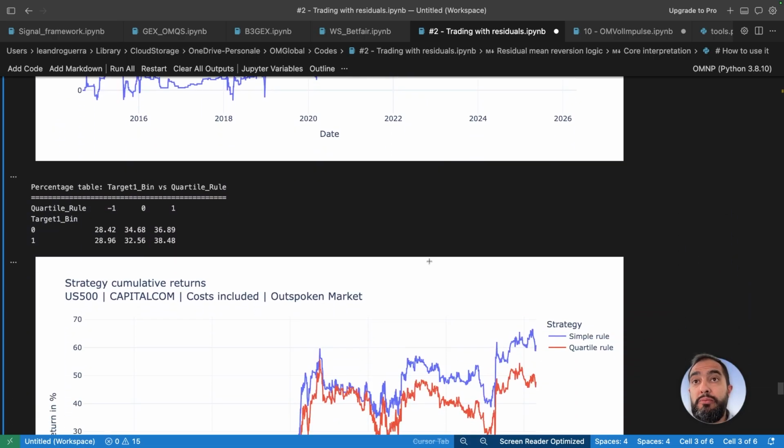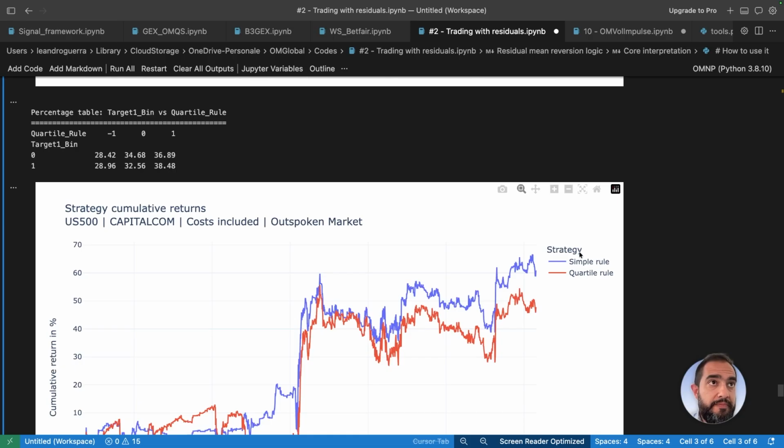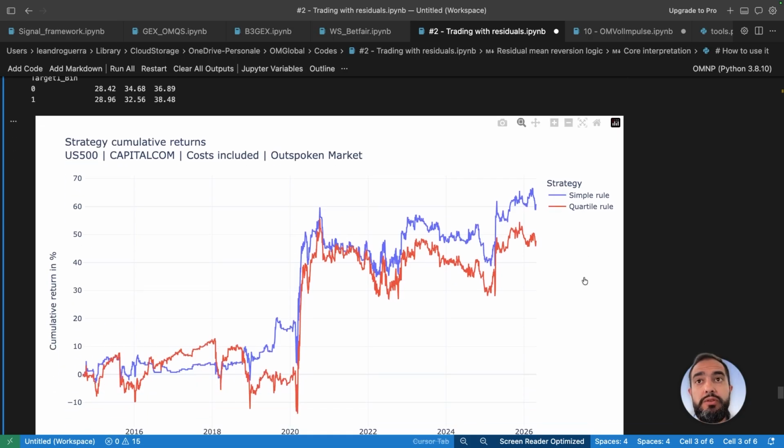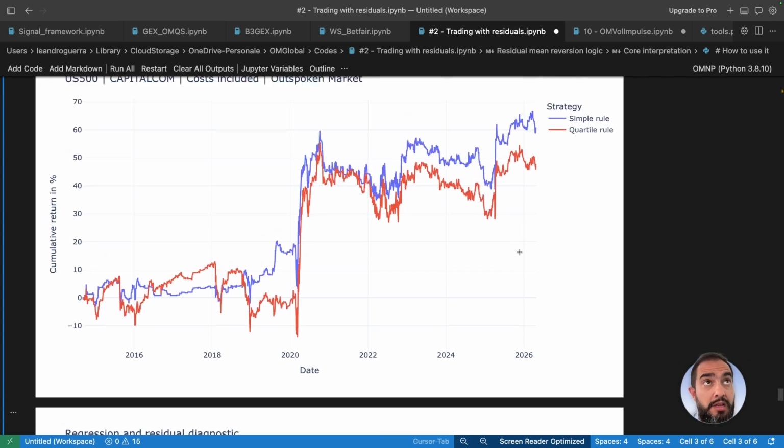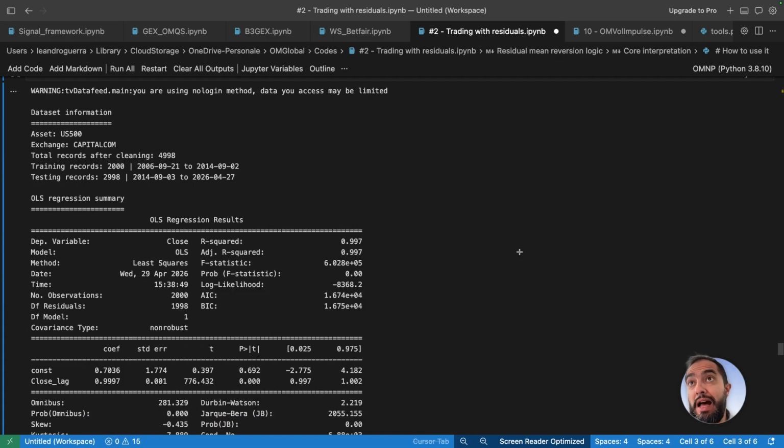If we do the comparison with the quartile rule, you see that in some cases it was way better. In the overall scenario, it wasn't, but there will be assets.